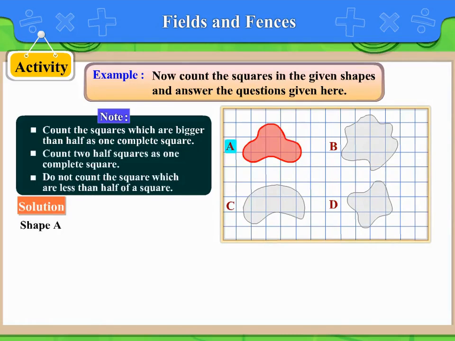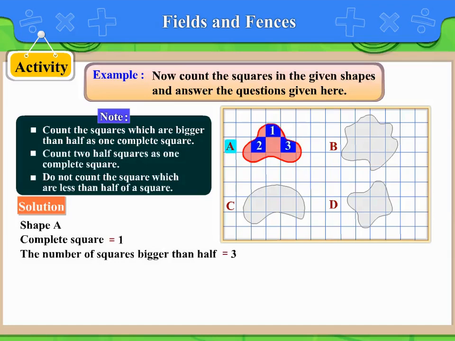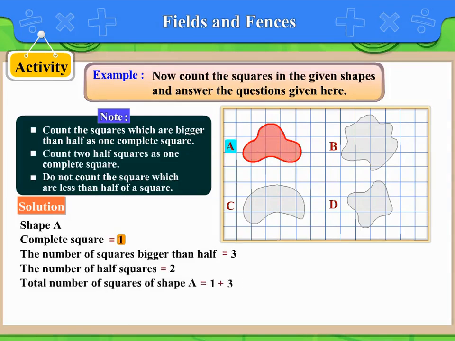In shape A, there is one complete square. The number of squares bigger than half is equal to 3. And there are 2 half squares. So, there are 1 plus 3 plus 2 into 1 upon 2, which is equal to 1 plus 3 plus 1, equal to 5 squares.